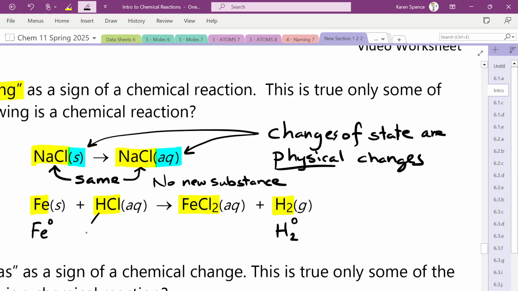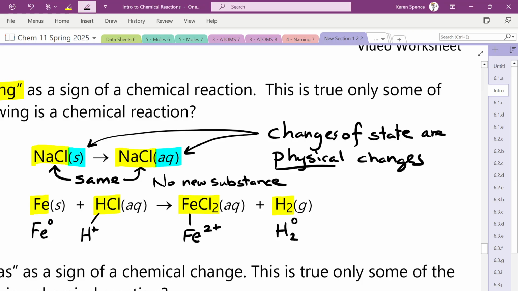How about the H in HCl? What is its charge? +1, yeah. So we have H+, and our iron here. What is the charge of iron in FeCl2? 2+.